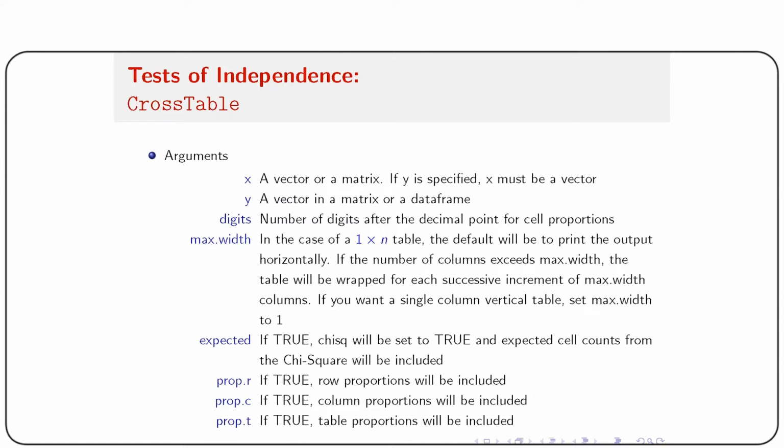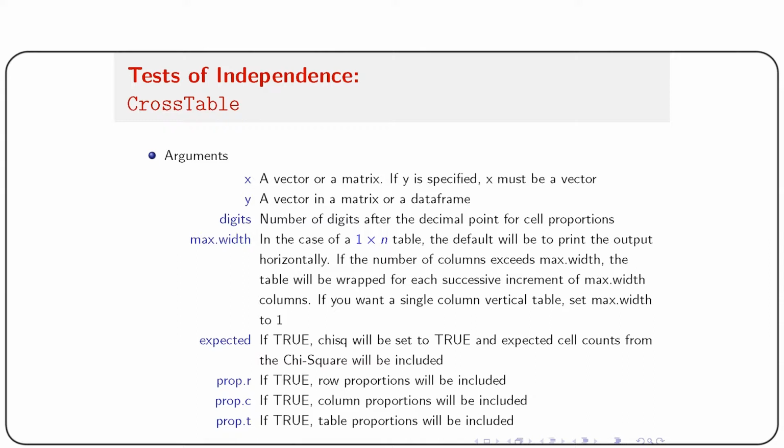And digits, the number of digits after the decimal point for the cell proportions. So for proportions, what would be the significant digits that need to be displayed? Max.width, in case of a 1 x n table, is used to print the outcome horizontally. If the number of columns exceeds max.width, the table will be wrapped at each successive increment of max.width columns.